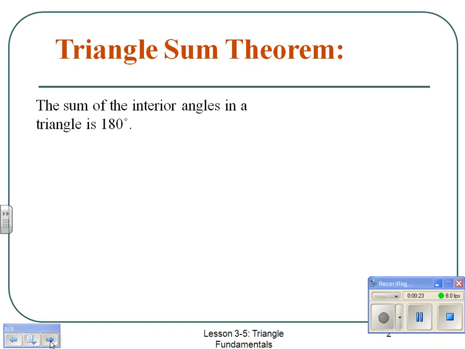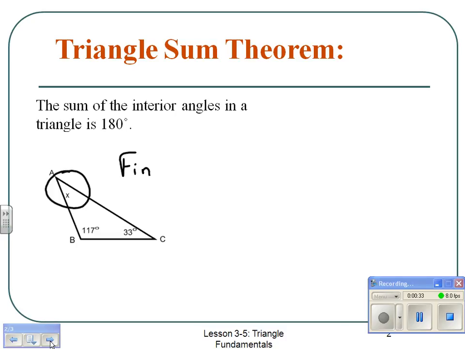Let's look at an example. If you have three angles in a triangle in which x is what you want to look for, find x, then the three angles in this triangle should add up to 180, is what this theorem says.